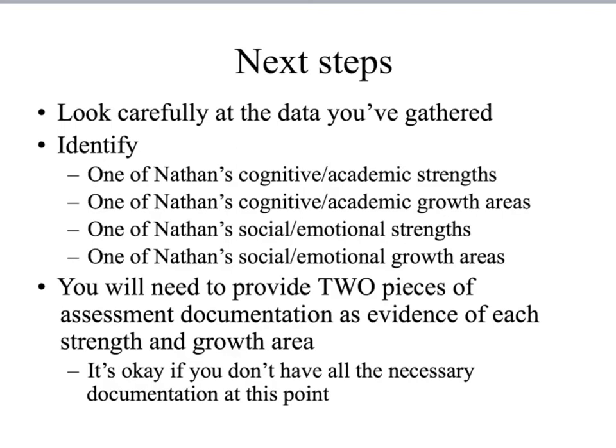Then go back through the assessment data you've gathered and look to see if you can find 2 pieces of evidence that will document each strength and each growth area. You might not have all the necessary documentation at this point, but once you have identified the strengths and growth areas, you'll know what you're looking for, and that can inform the data gathering you do going forward.